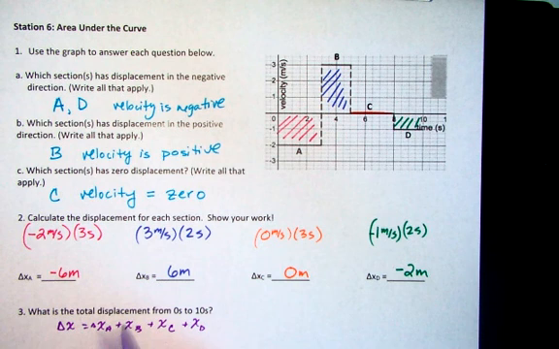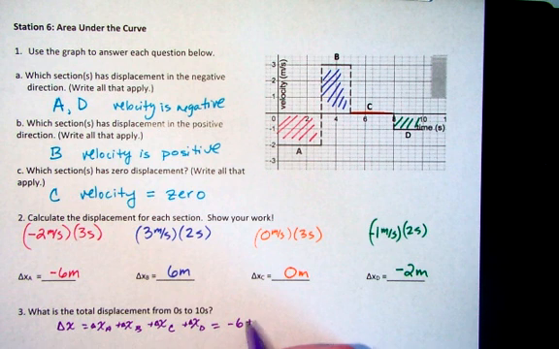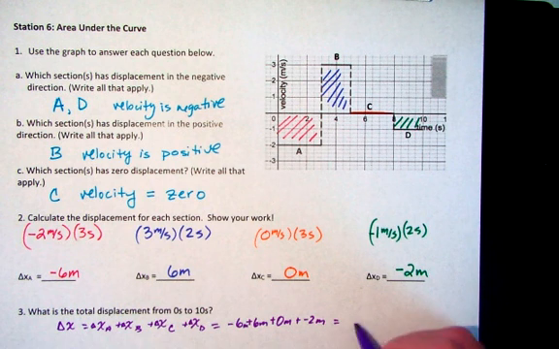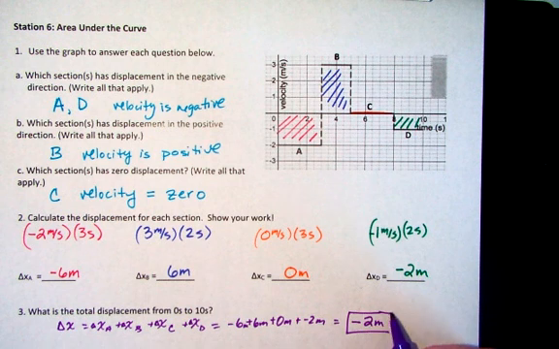So I guess we should put delta before all these. So that's going to be -6 meters plus 6 meters plus 0 meters plus -2 meters. So it's going to be -2 meters. So it's going to be 2 meters in the negative direction was the total displacement.